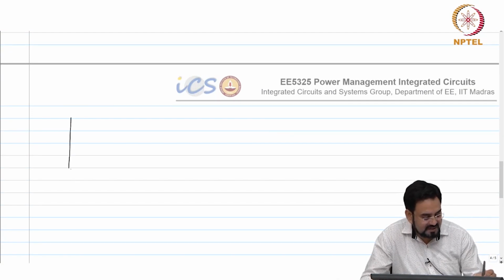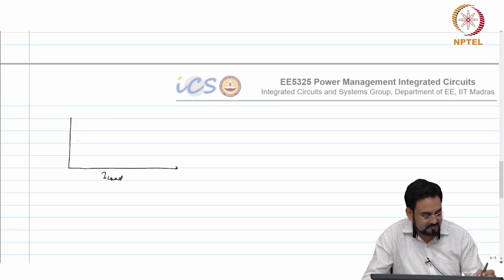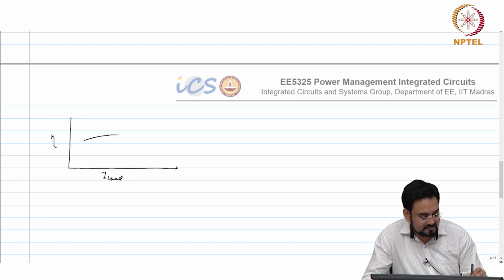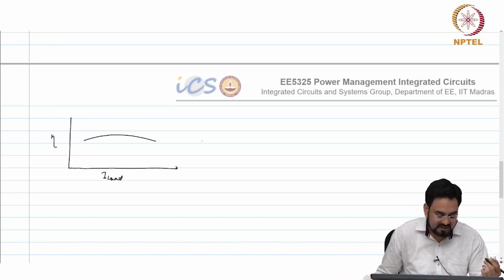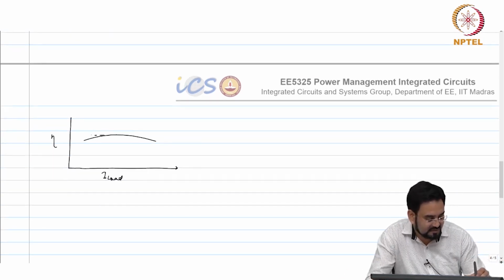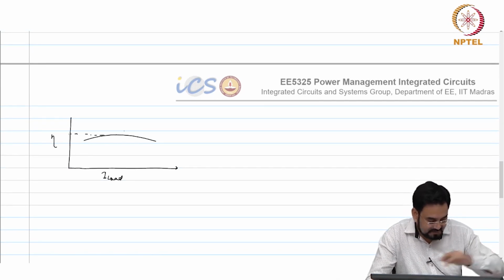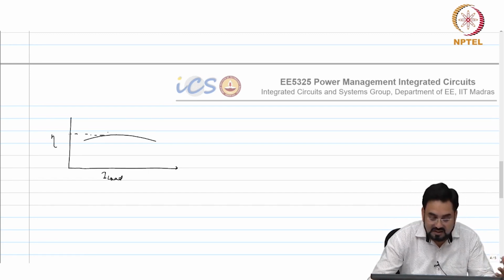So, the efficiency curve in most of the cases is measured against load current. Depending upon the type of regulator you are using, in case of a switching regulator, it mostly looks like this. At light load, it will peak in some mid range, and as you keep increasing the load current, your I square R losses will increase.